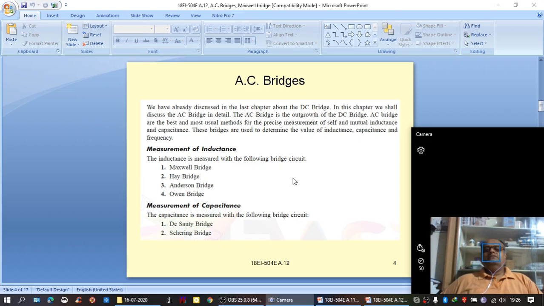All these bridge circuits are used for the measurement of inductance. And some other bridge circuits used for the measurement of capacitance are De-Sauty bridge and Schering bridge.